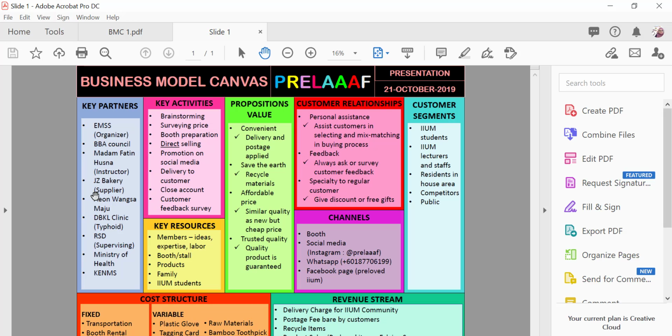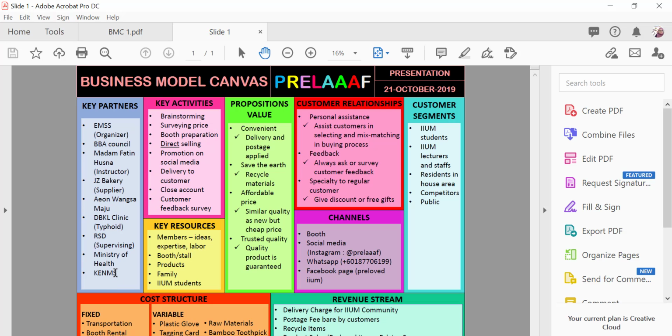So bakery, this is supplier. DBKL clinic, this is for typhoid, if you or maybe your group members go and take it. RSD supervising, this one no need because you are not doing the bazaar. Ministry of Health, if you take the typhoid, or maybe you go for a food handling course.